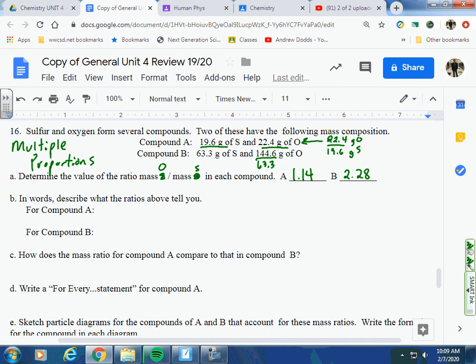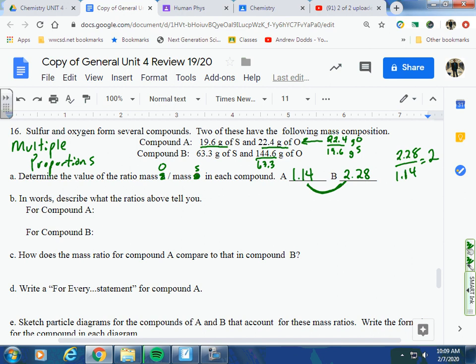Now, in these problems, when we find these two ratios, we're trying to find the relationship between them. So we took the larger number compared to the smaller one, maybe just divide it and see what the relationship is. And you see that 2.28 is twice as large.